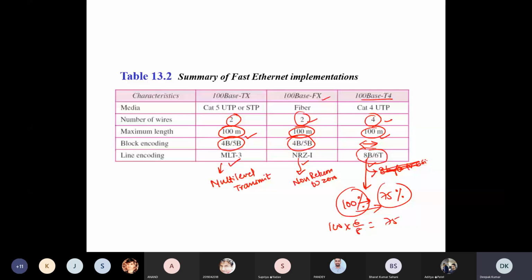Another type of Ethernet is Gigabit Ethernet. Gigabit means 1000 Mbps.